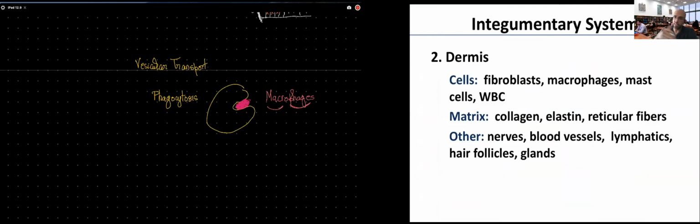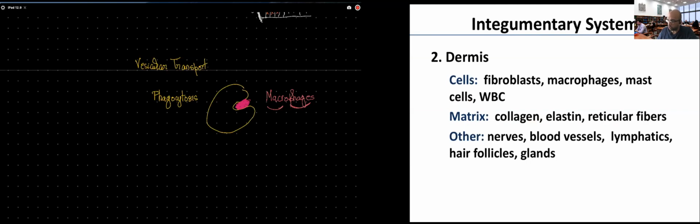Dermis is my next layer of the skin. This is going to contain cells: fibroblasts, macrophages, mast cells, white blood cells. We have the matrix, which contains the 3 major types of connective tissue fibers: collagen fibers, elastic fibers, reticular fibers.